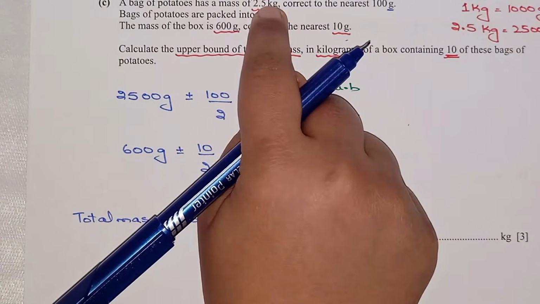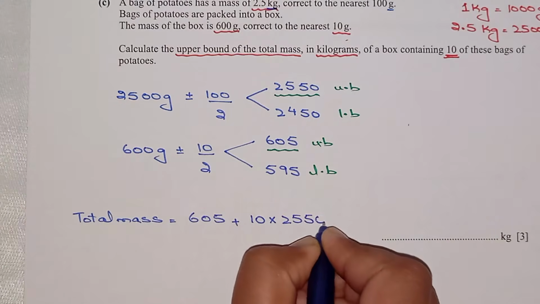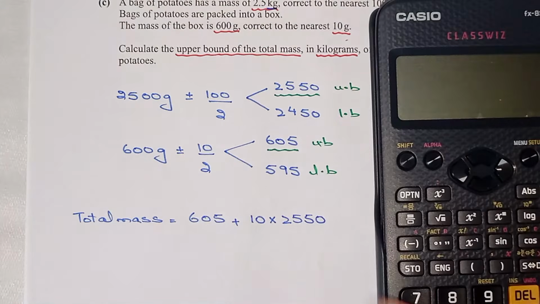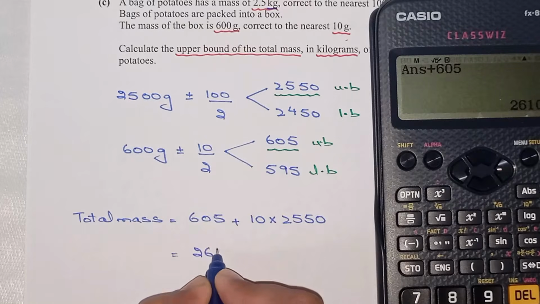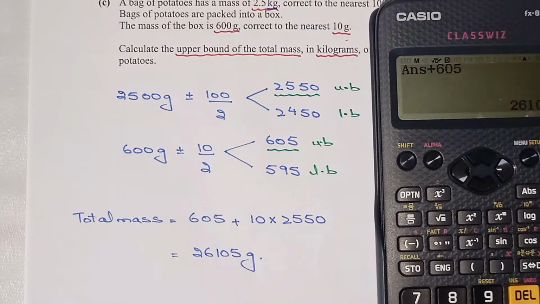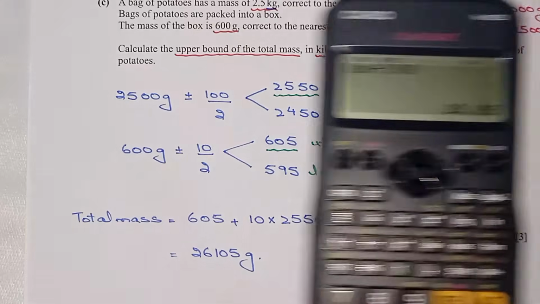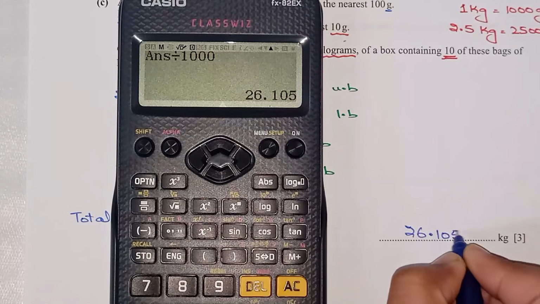The bag of potatoes would be 2550. So 10 times 2550 and then plus 605. This would be 26,105 in grams. Now we need to convert it into kilograms by dividing by 1000. So it would be 26.105 kilograms.